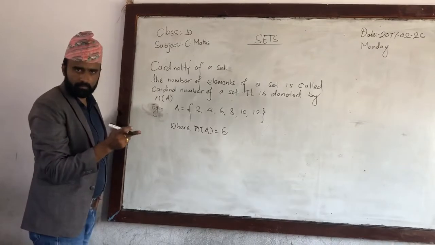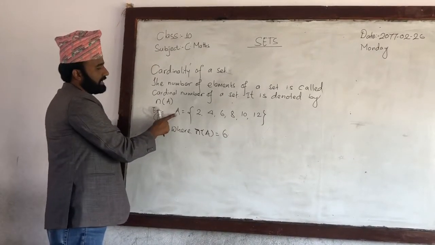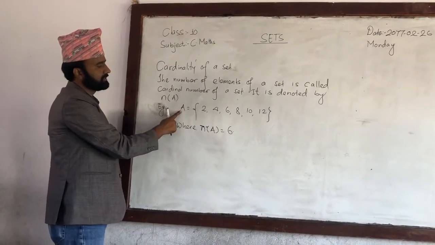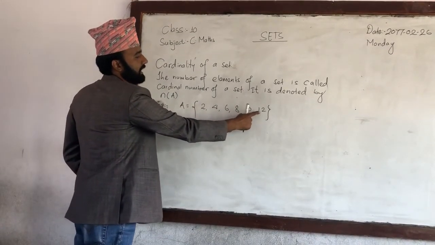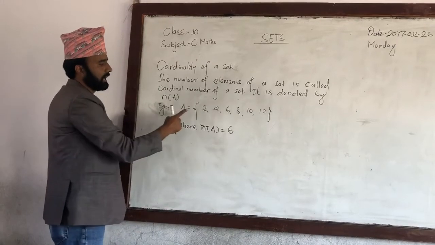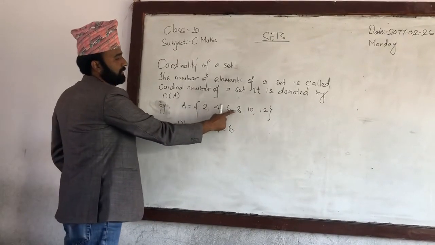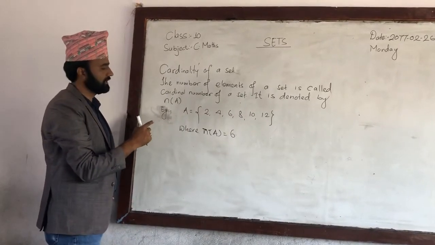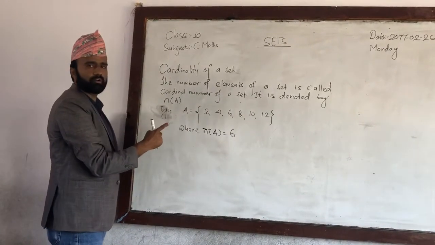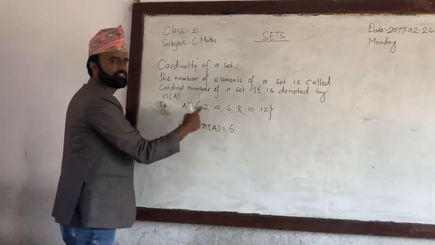For example, a set contains the elements 2, 4, 6, 8, 10 and 12. There are 1, 2, 3, 4, 5, 6 elements. That is why the cardinal number of the set A is 6.